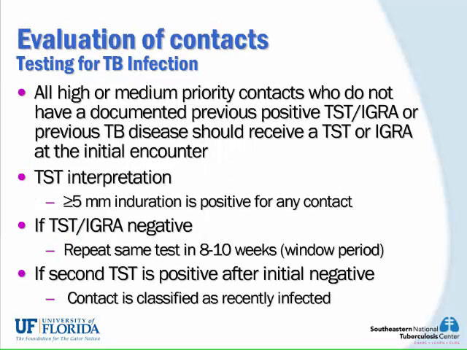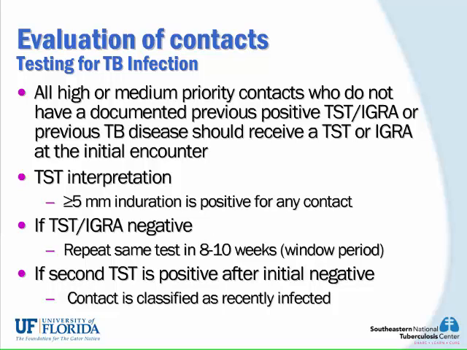Once we decide who needs to be evaluated, the next thing to discuss is what evaluations we do on the contact. Unless they have a history of a previous positive TST or IGRA, or have had TB and been treated, you should do a TST or an IGRA.